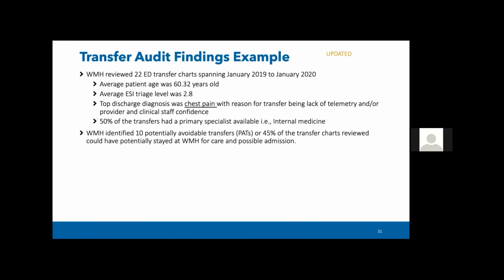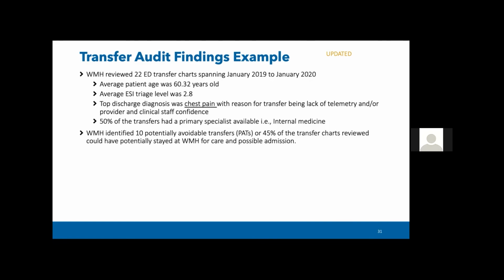And they said, well, we can keep more patients here. We had just gotten into this mentality that we've always transferred this type of patient, and we're just going to keep transferring this type of patient. But really, they could have kept a higher level of acuity based on the competencies they had.